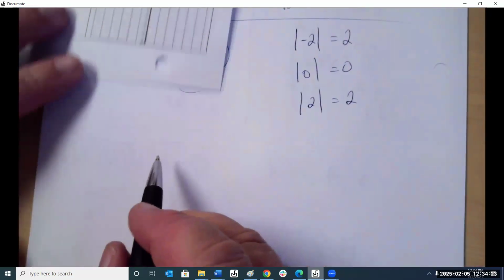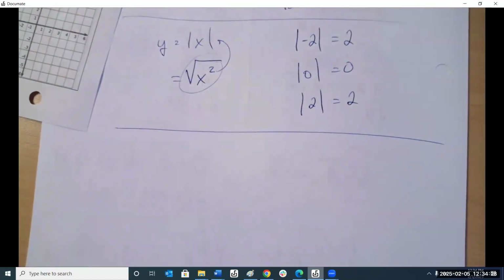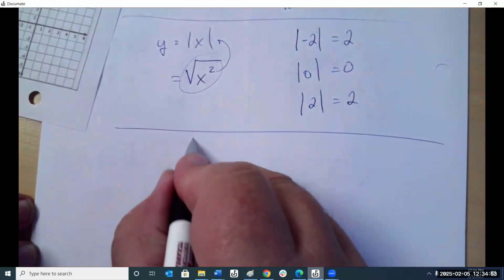Here's what it looks like. What is the greatest integer function? What is an integer? First off, it's like a whole number, but it can be positive, negative, or 0. It can't be fractions. So that's why they call it the greatest integer function. Here's the graph of it.